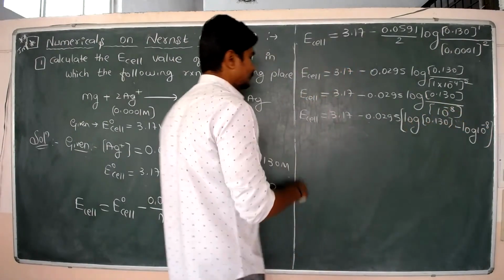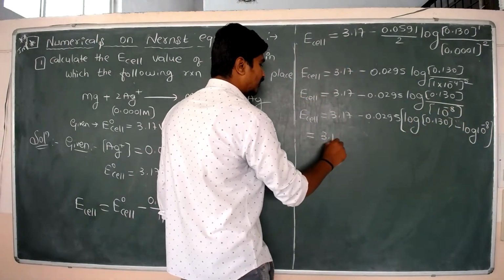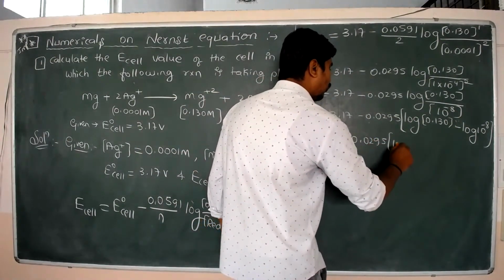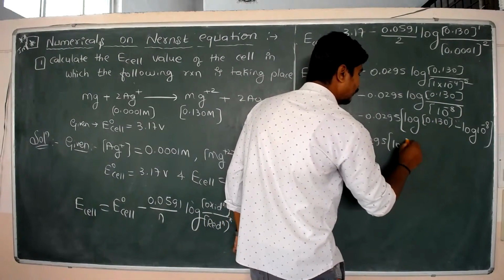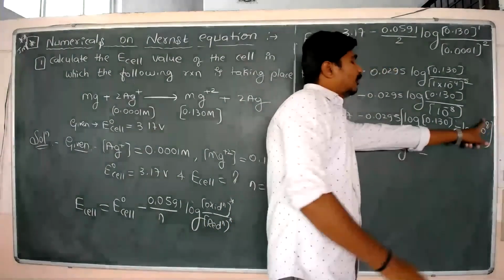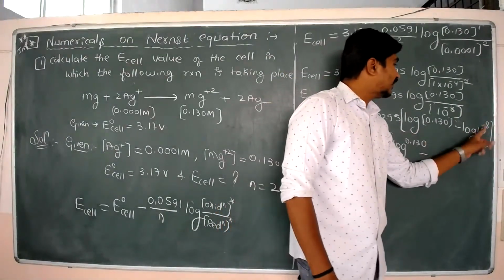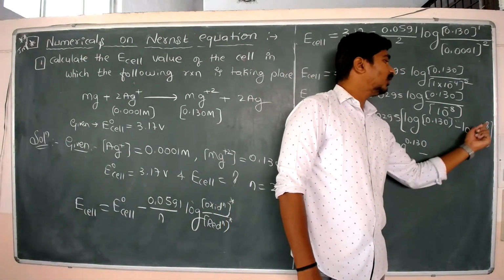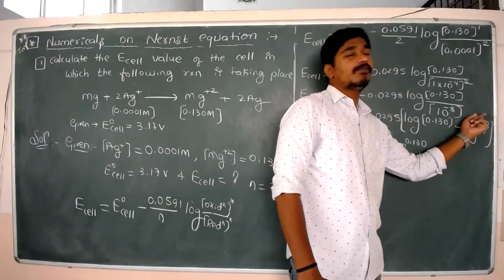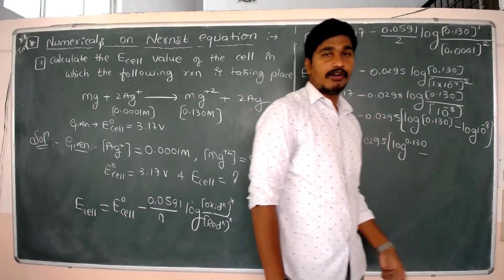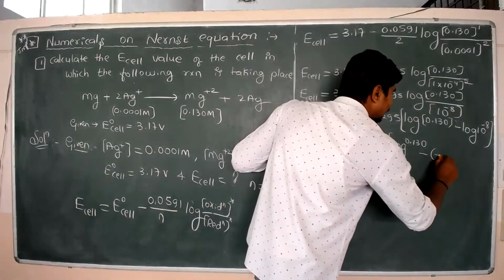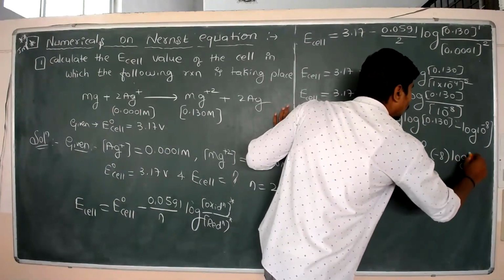Next, here it will be 3.17 minus 0.0295 log of 0.130 minus here which is log 10 to the power minus 8. Which form is it? 10 is m, and n is minus 8, meaning m to the power n. M is 10, n is minus 8. Which formula is it? Log m to the power n. M to the power n. What is the formula? n log m. Therefore it will be n log m, log 10.